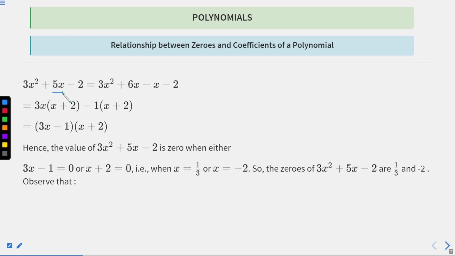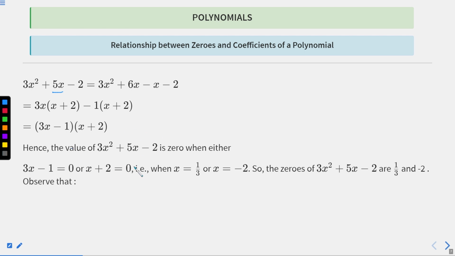So 3x square plus 5x minus 2 is equal to 3x square plus 6x minus x minus 2, which is equal to 3x times x plus 2 minus 1 times x plus 2, which is equal to x plus 2 times 3x minus 1. Here we factorize this quadratic polynomial into two linear factors.